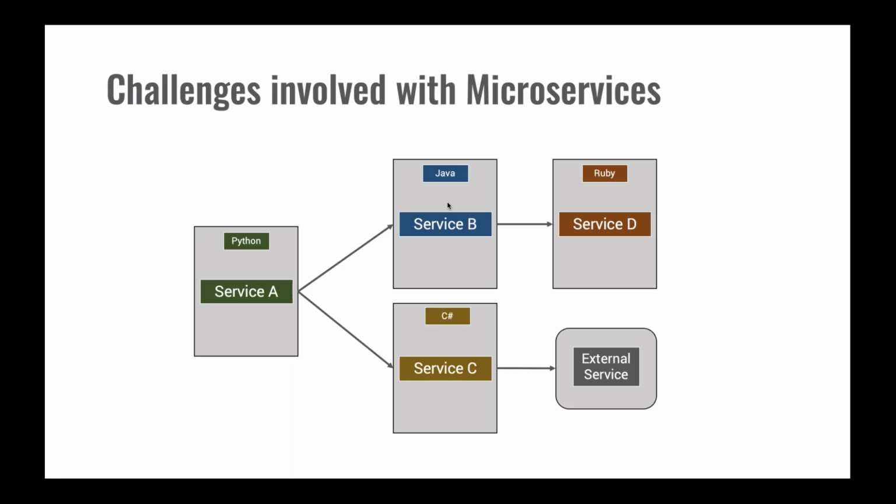Similarly, my service C, which is written in C#, is calling an external service, and I might want to figure out the communication pattern there, measure how long it takes to call an external service, and have better control over my inbound and outbound communication.